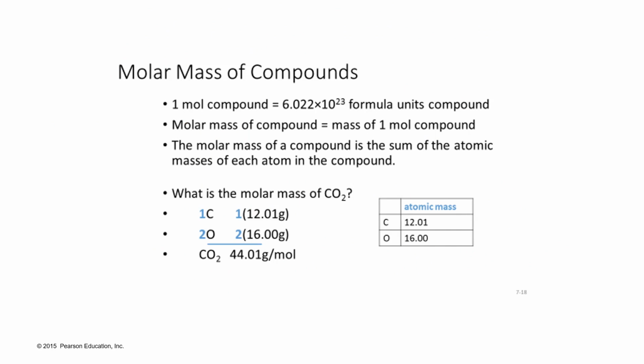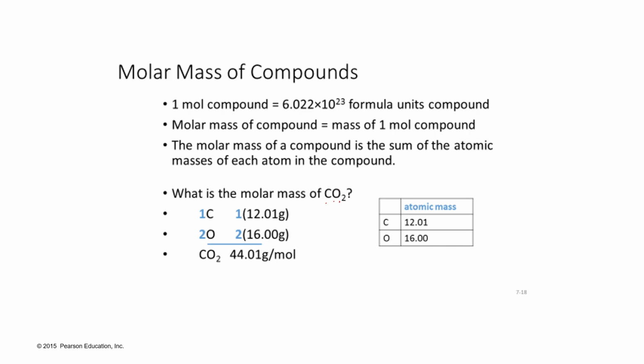The mass of a molecule or a compound can be calculated by calculating the mass of each one of the individual atoms within that compound. So here we can see in CO2 we have 1 carbon and 2 oxygen. 1 mole of carbon has 12.01 grams.